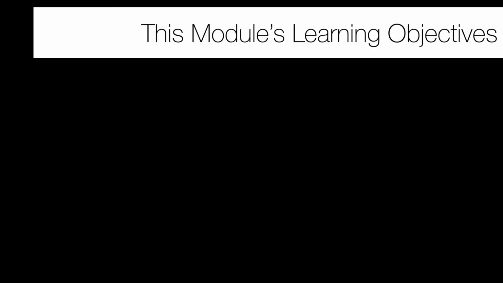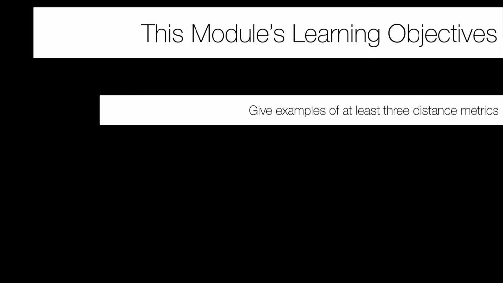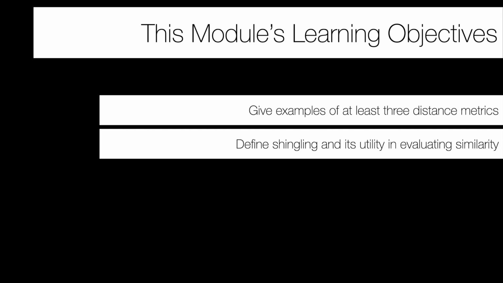That wraps things up for this lecture. The learning objectives here, remember: give examples of at least three distance metrics. You should be able to talk about Jaccard similarity or Euclidean distance or cosine similarity or Hamming distance, etc. You should have some sense of what shingling is and why it's useful for the web in particular, for converting web pages into the sets that we've talked about when we've talked about graphs.